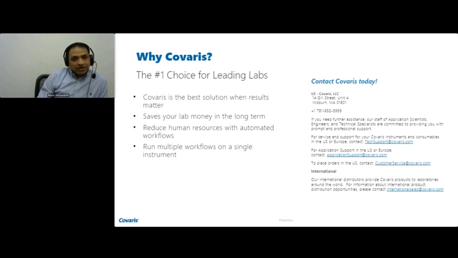Also, Covaris instruments coupled with consumables and reagents are easily integrated in many NGS workflows, thereby easily meeting current and future high throughput needs. We are working towards a holistic sample prep solution here to solve all your sample prep challenges.